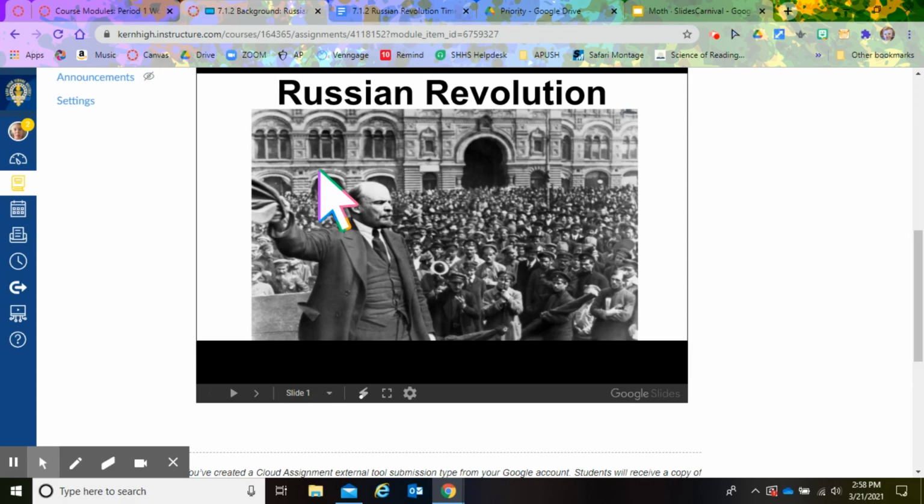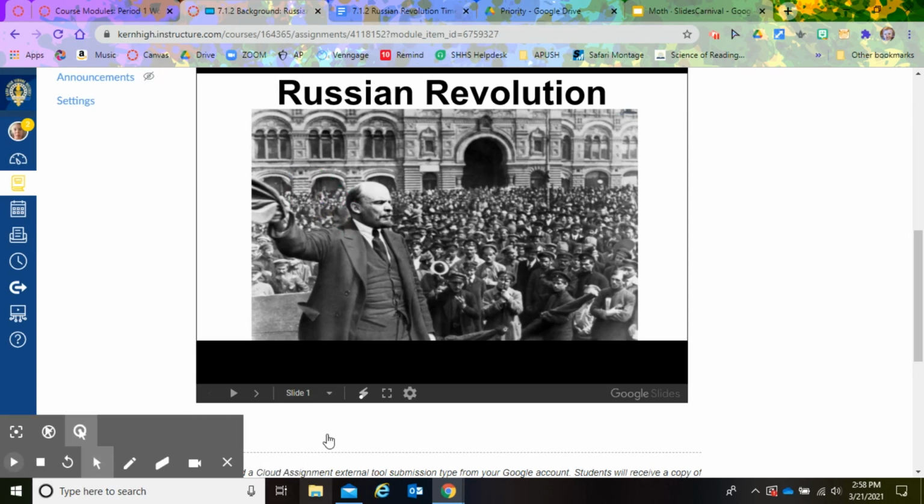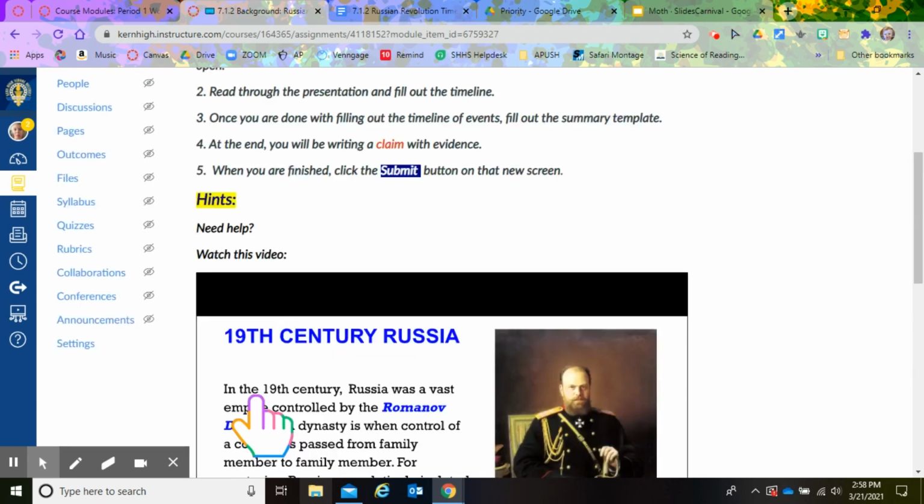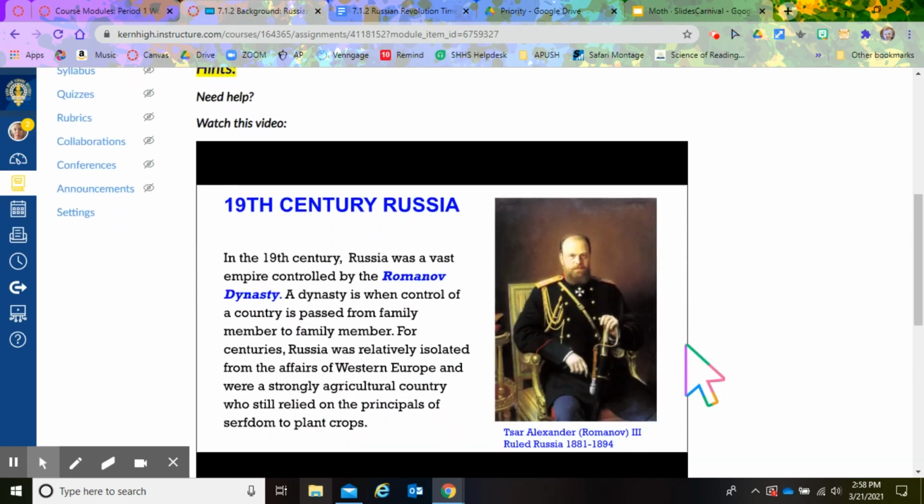All right, guys, so we are on this slideshow and let's go ahead and get started. This is a picture of Vladimir Lenin with the Russian workers. Let's do a little bit of background.